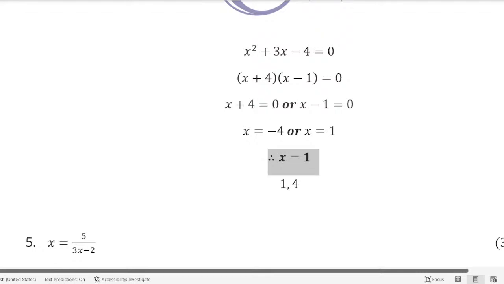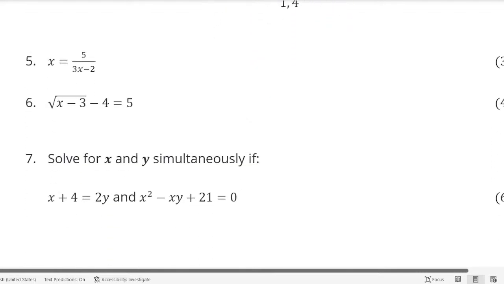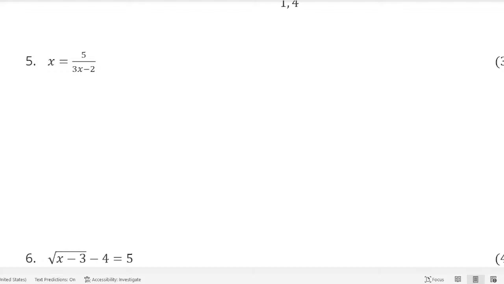And then here we're still solving for x. So remember, here we have a fraction. We have x is equal to 5 over 3x minus 2.